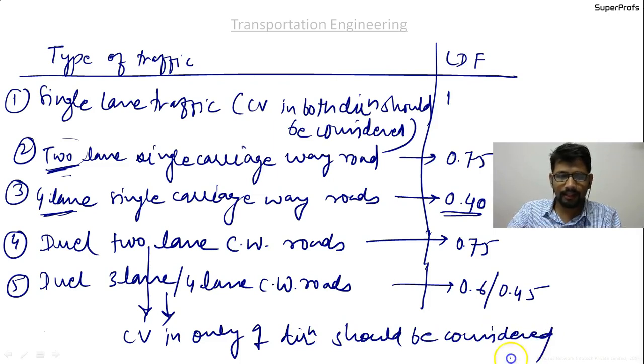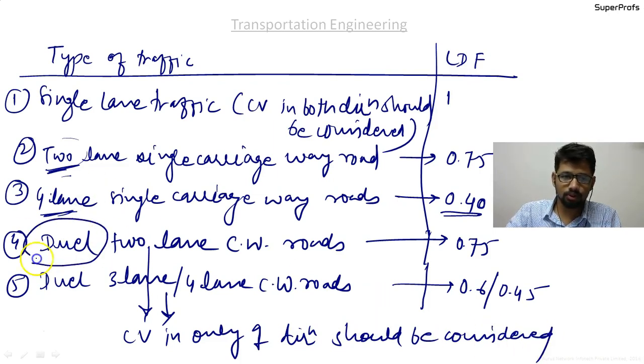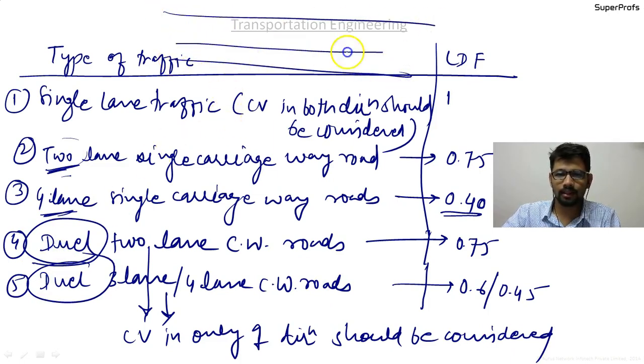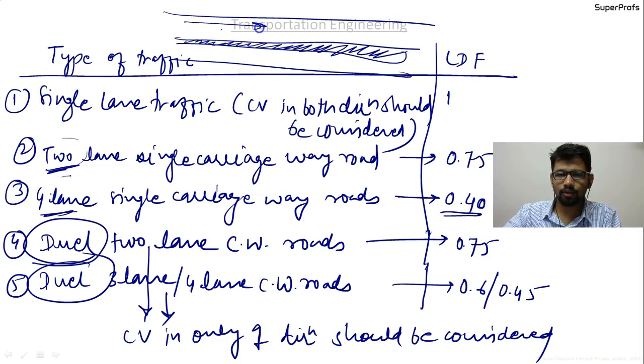You know, guys, as soon as this term is used, dual stands for there being a median in between, that is, a divider, and you can consider traffic on either of the sides. That's why CV in only one direction is considered.